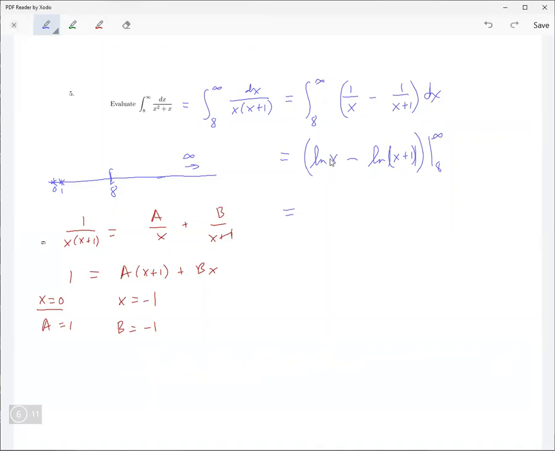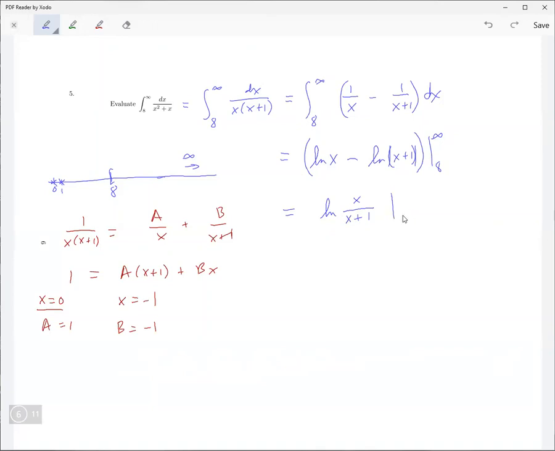If you plug infinity in now, then you have infinity minus infinity. So that's kind of a problem. But what you should do is use the properties of logarithms. The difference of logs is the log of the quotient of those. Like that.